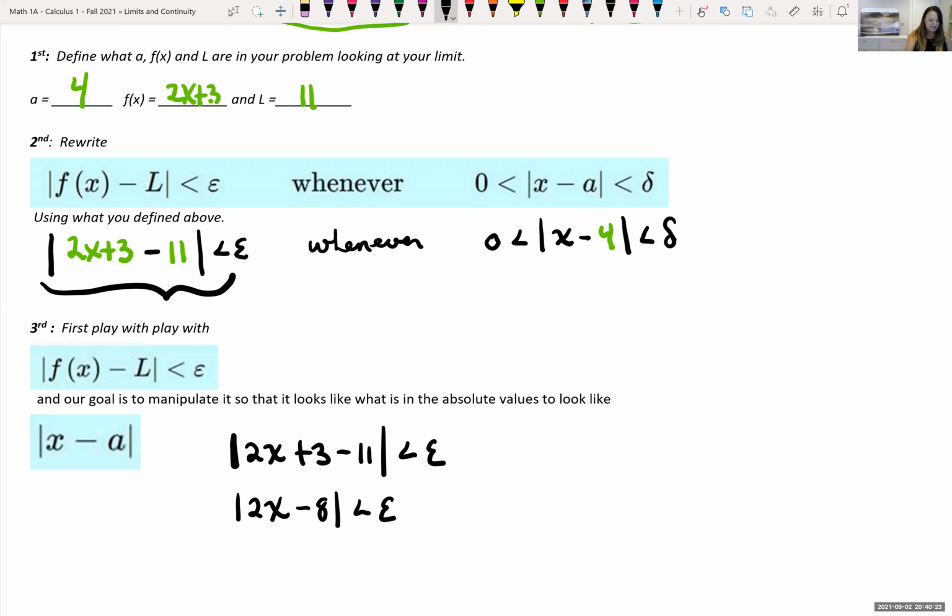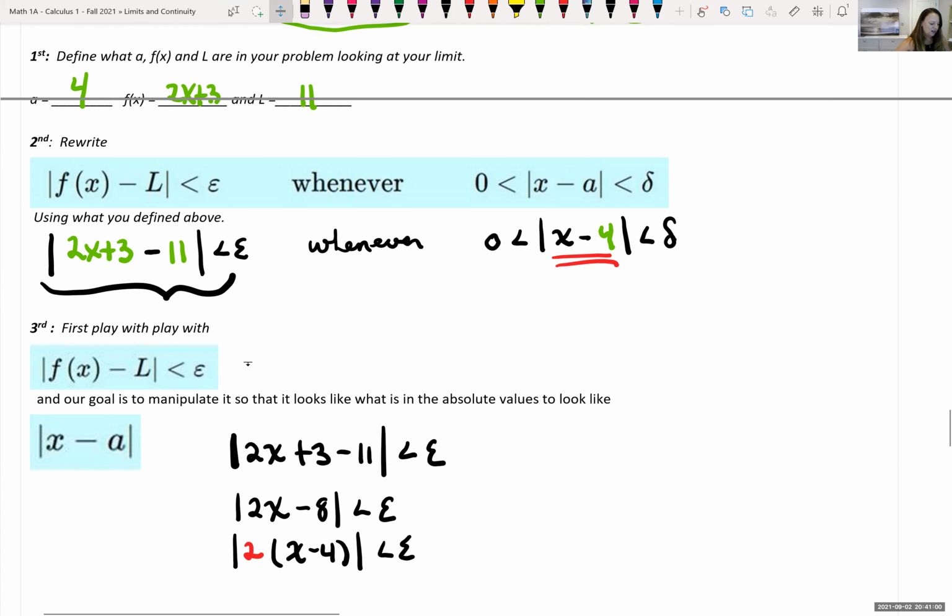So I'm trying to manipulate this to look like x minus 4. Notice that in 2x minus 8, they both have a factor of 2 in common. So we can pull a 2 out of the 2x minus 8. So that is the absolute value of 2 times parentheses x minus 4, and the absolute value is less than epsilon. But isn't 2 a positive number?